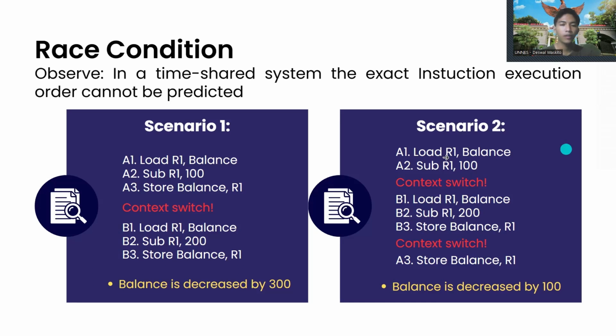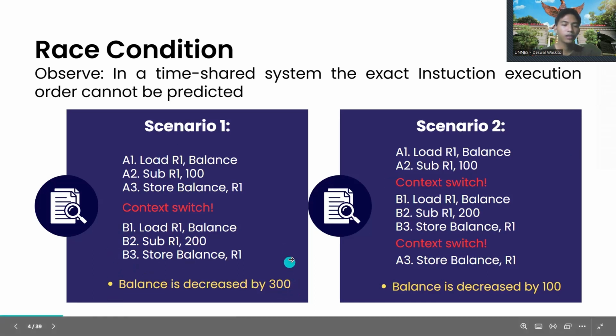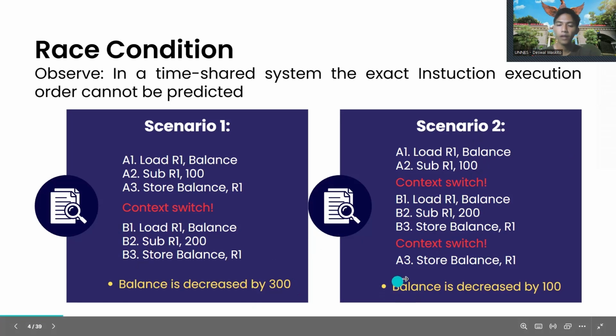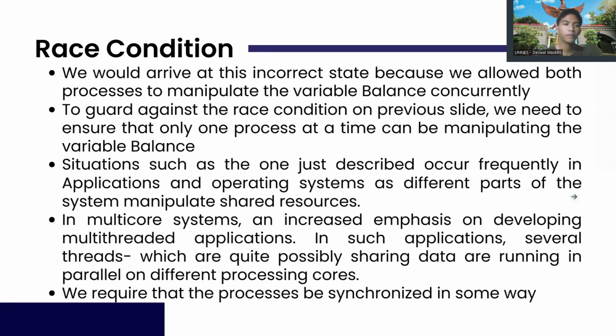Like we can see on the scenario 1, the balance is decreased by 300, and the scenario 2, the balance is decreased by 100. So we would arrive at this incorrect state because we allowed both process to manipulate the variable balance concurrently.